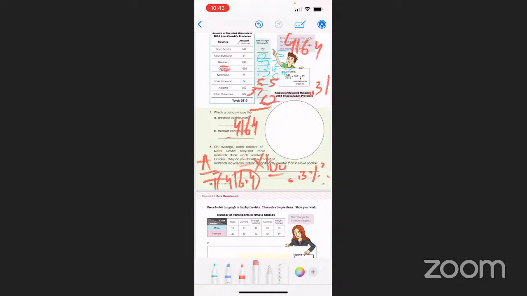Okay, now do the other one, which is 62.5. Can you find that? 62.5 divided with what? 416.4.